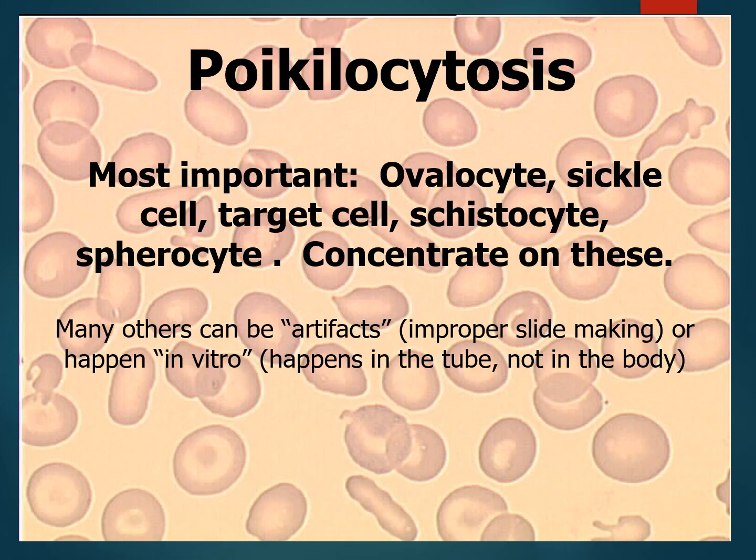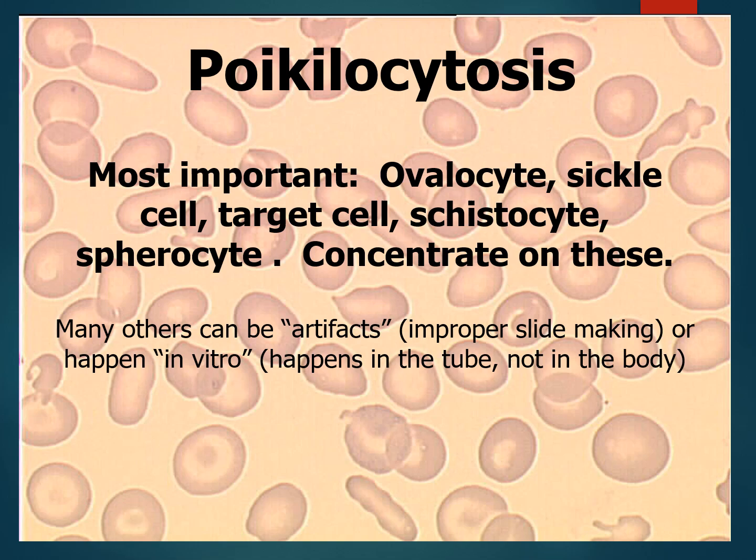So we did talk a little bit about the different morphology shapes that we might come across. Probably the more important, I wouldn't necessarily say the more important, but the most common types of morphology that we see in poikilocytosis are ovalocytes, sickle cells, target cells, schistocytes, and spherocytes. Those are the ones that can cause problems and often are more associated with either an anemia of some sort, a thalassemia, or hemoglobinopathy.